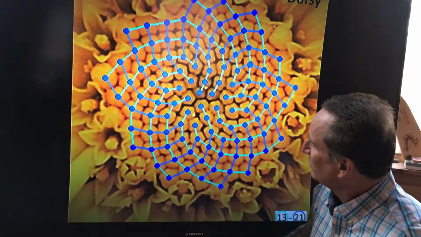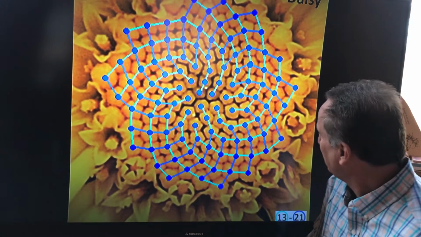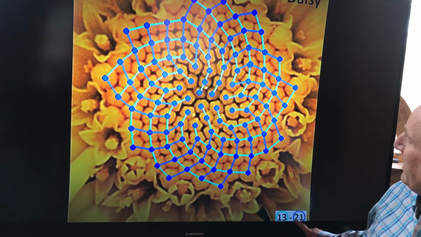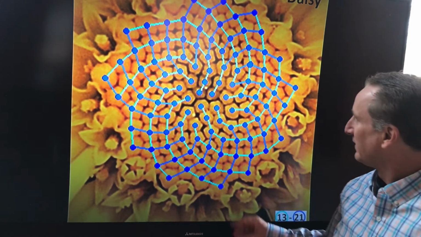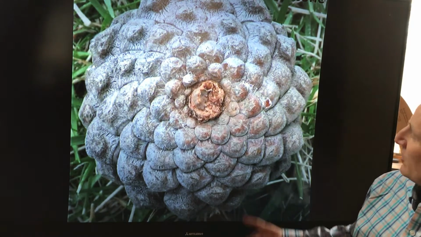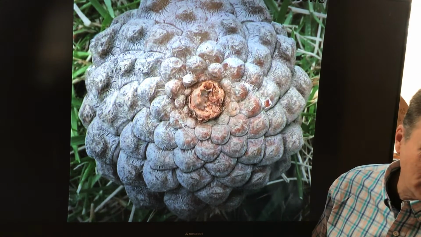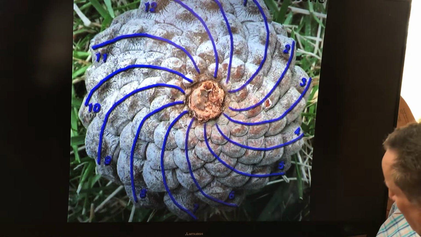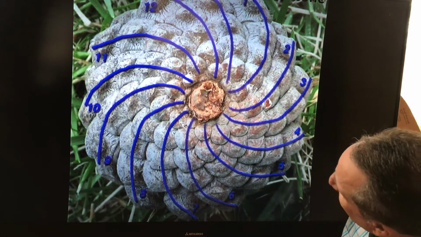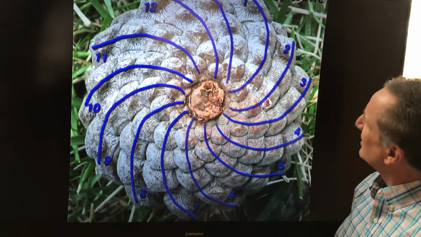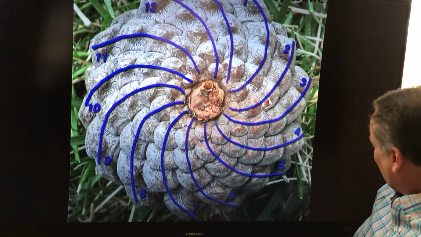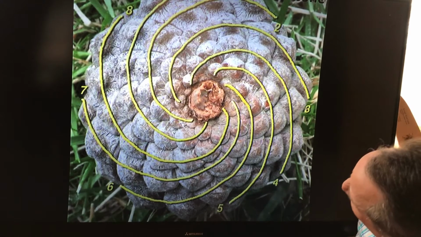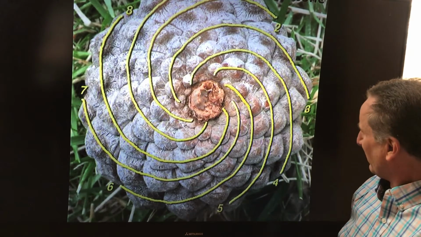And go to the next one, which is the daisy, that is in spirals of 13 and 21. Next one. So pine cones are in spirals of what, 5s and 8s? Let's see what that one is. So that's 13 in one direction and 8 in the other.